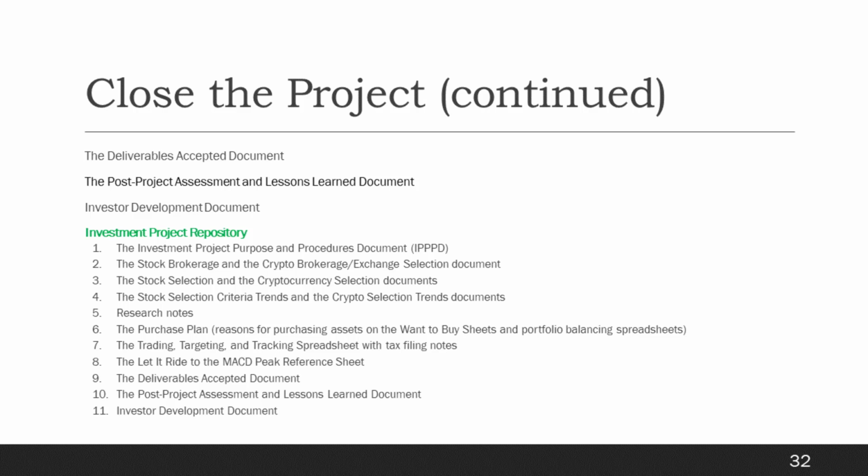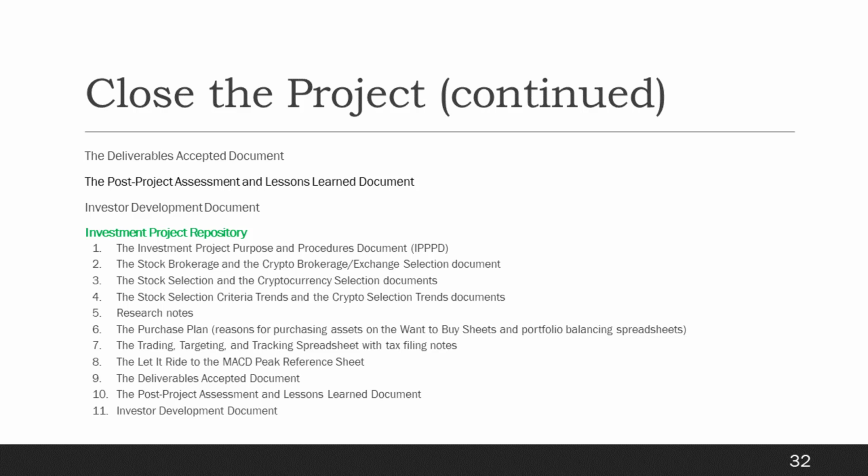Investment Project Repository. Close the investment project with finalizing all project documents before they are carefully filed away for future reference. The 11 documents are: 1. The Investment Project Purpose and Procedures Document, IP-PPD. 2.